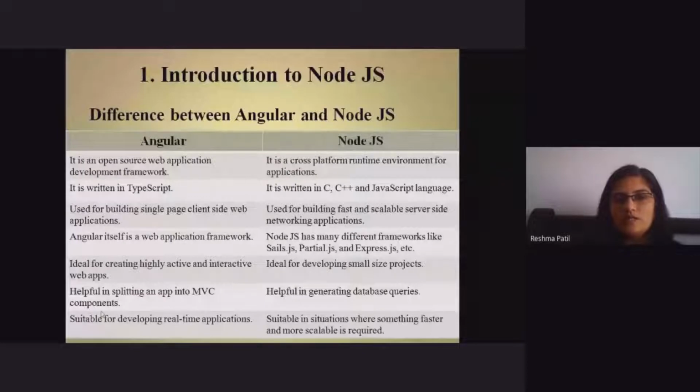You know the MVC components. Node.js is helpful in generating database queries. Angular is suitable for developing real-time applications, and Node.js is suitable in situations where something faster and more scalable is required. So Node.js works in environments where we have to execute fast or more scalable applications, and it executes on the server side. This one executes on the client side.